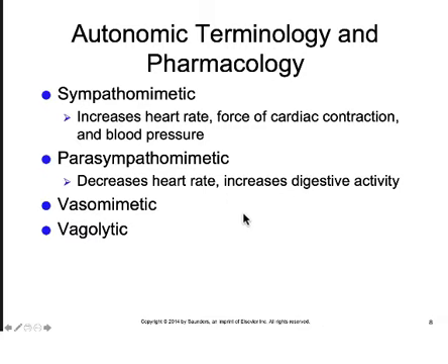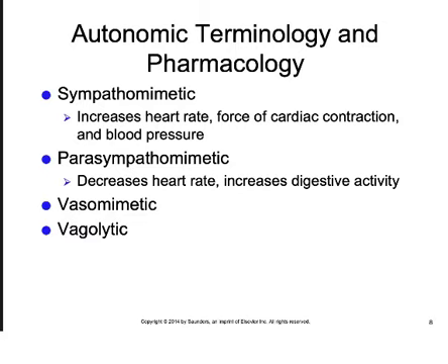If we're talking about a sympathetic vasomimetic, we would see vasoconstriction of blood vessels that supply the digestive, urinary, and reproductive system, whereas if we're talking about a parasympathetic vasomimetic, we would see dilation of blood vessels that supply digestive, urinary, and reproductive, okay, and a constriction of blood vessels that supply heart, lungs, and skeletal muscle, okay.